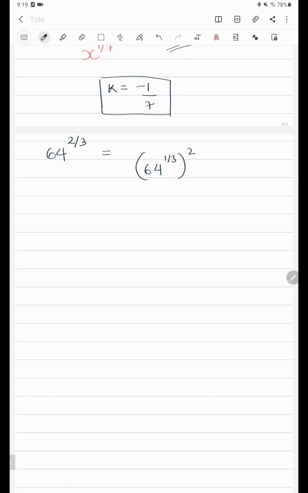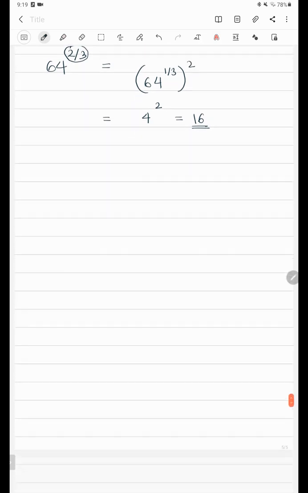So what is 64 to the power 1 by 3? Ma'am, it's 4. Yeah. So now it's going to be 4 squared. And what is 4 squared? Ma'am, 16. Yes, 16, right? So whenever you have fractions of this sort, fractions that don't have 1 in the numerator, don't panic. Just separate the fractions in this manner, okay?